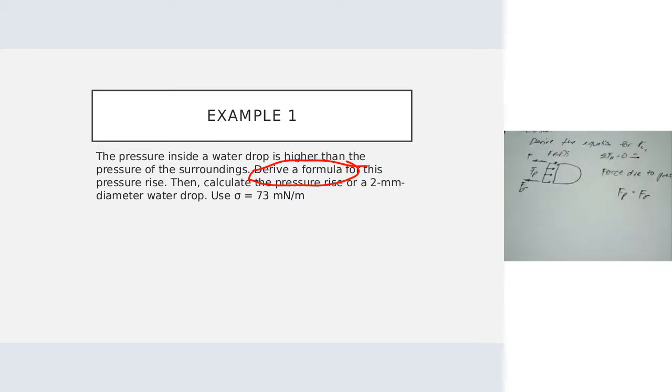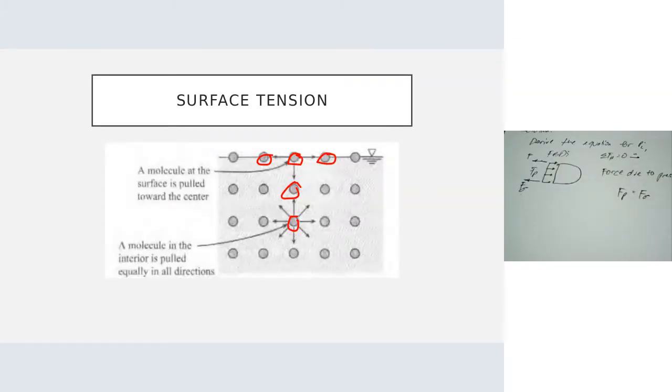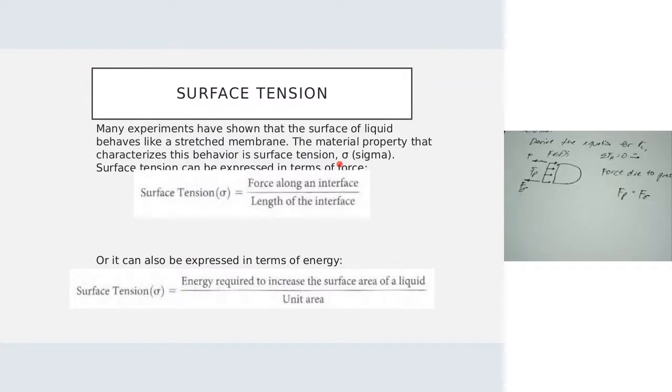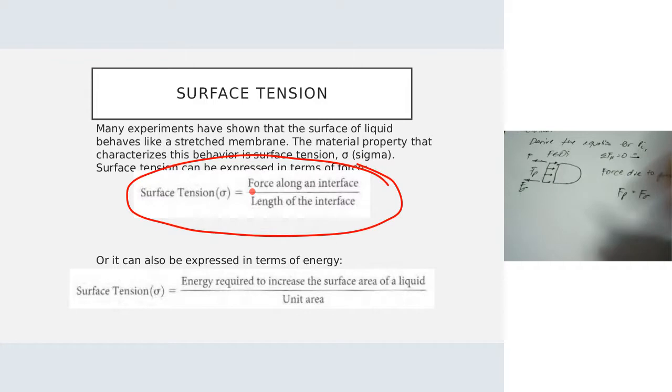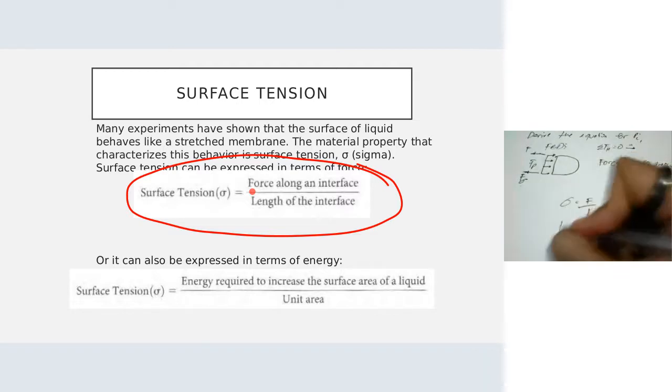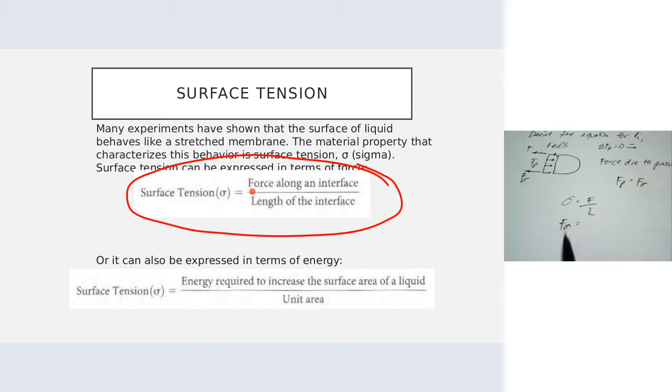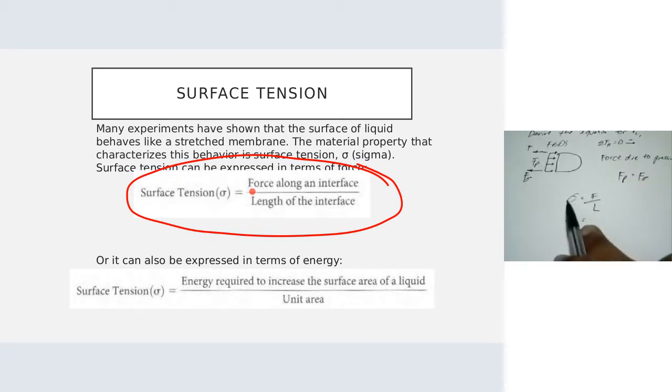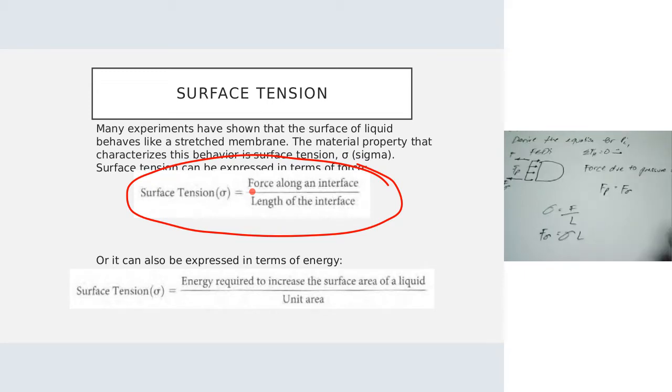Now remember, in the equation that we discussed earlier, surface tension is equal to force over length. Therefore, force due to tension is equal to sigma times the length. We can substitute it here.